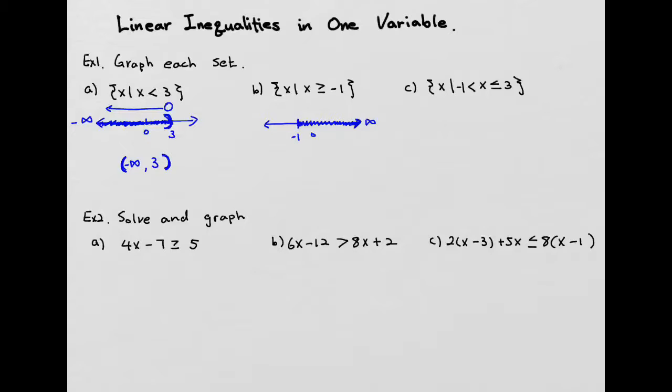And this time you have greater than or equal to. So you're going to use the bracket instead of parenthesis. Whenever you have an equal sign with it, you're going to use the bracket instead of parentheses. Or if you wanted to use the circle, it will be a closed circle, going all the way to the right.